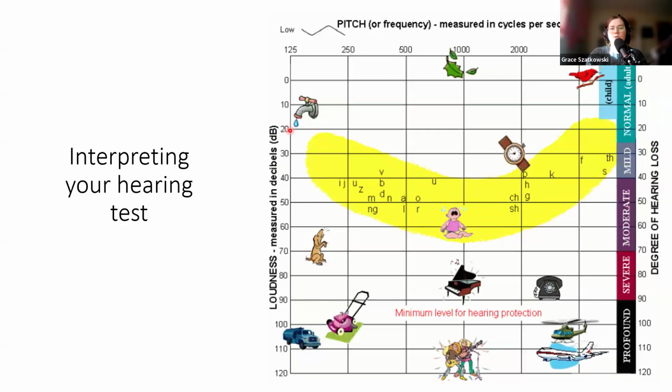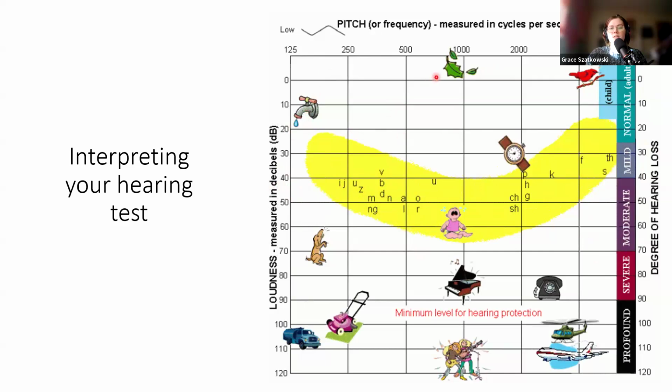And so if our normal range is from here and above, we're hearing pretty well above the minimum level that we need to hear all these really tiny speech sounds. Below the level that they're on here, if you're hearing scored below all these speech sounds, that means you may not be able to hear them quite well.